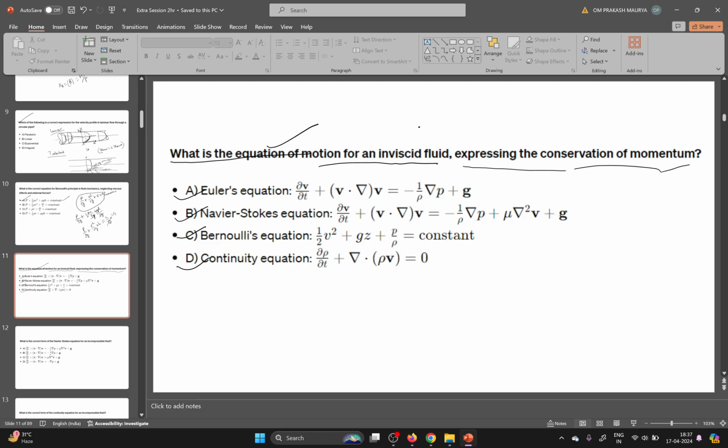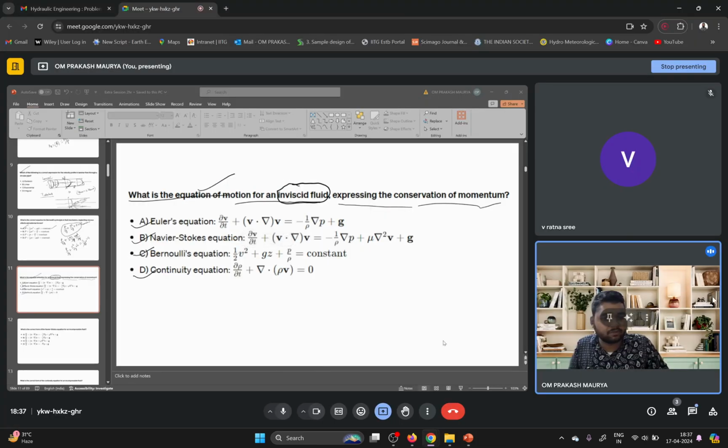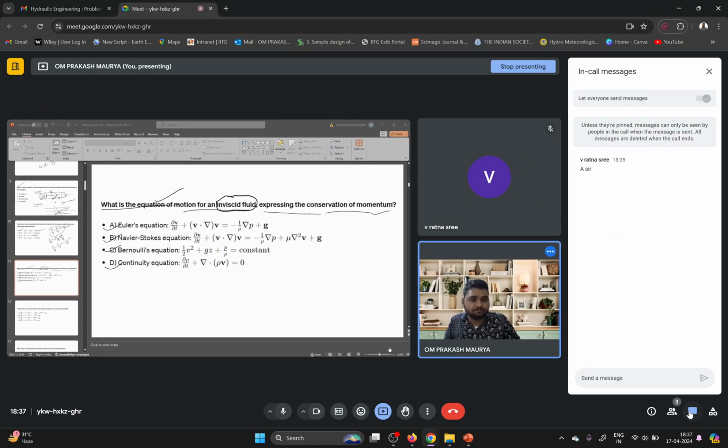The equation of motion for an inviscid fluid, this is the main thing. So please, which option A, B, C, D is correct? Try to give the answer very quickly. Okay, I think for the previous question you are saying option A. For this question, which one is correct? Whether option A, B, C, D?